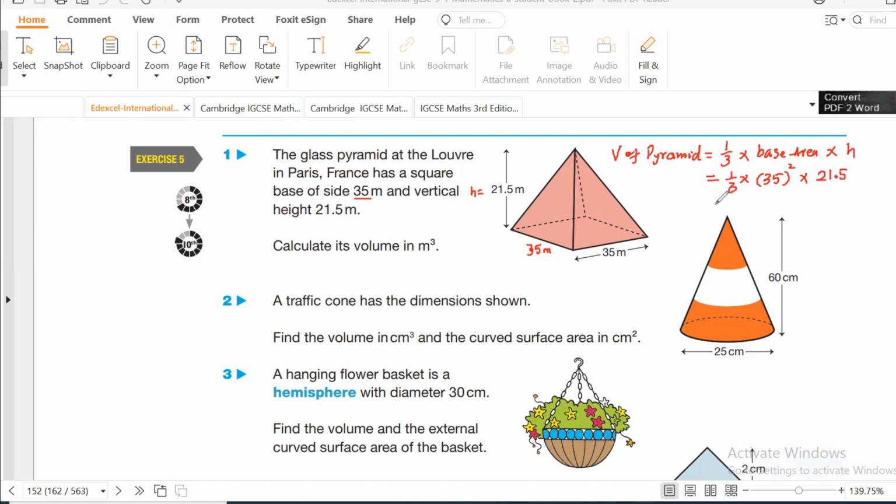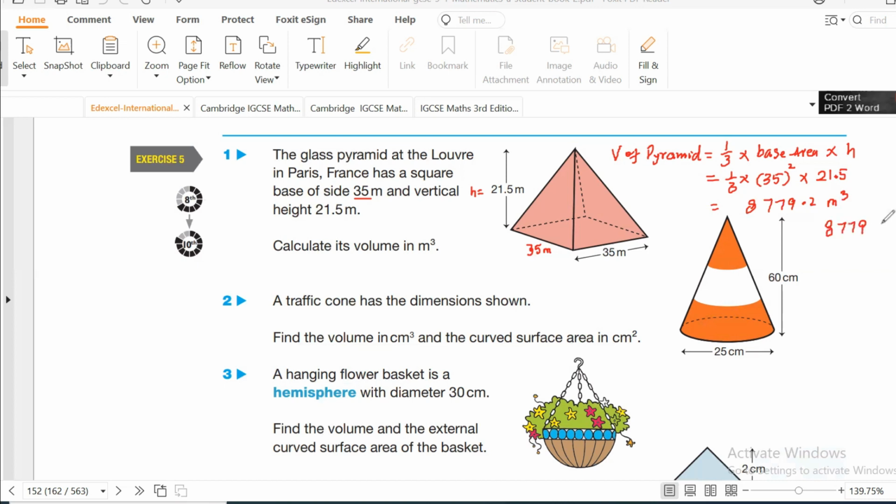If you solve in the calculator, I can check: 35 squared multiplied by 21.5, divided by 3. So I'm getting 8,779.2. It is in meters, so meter cubed.